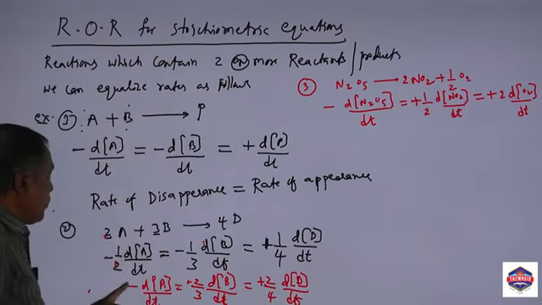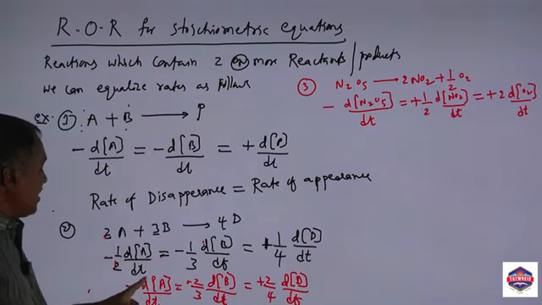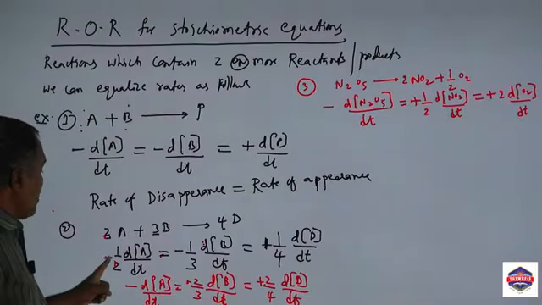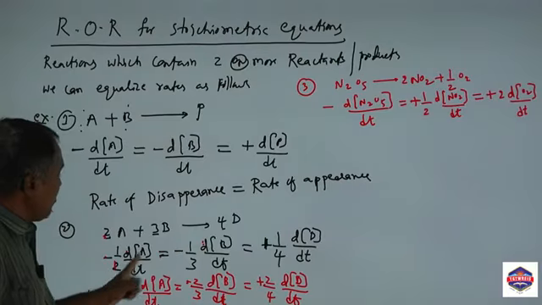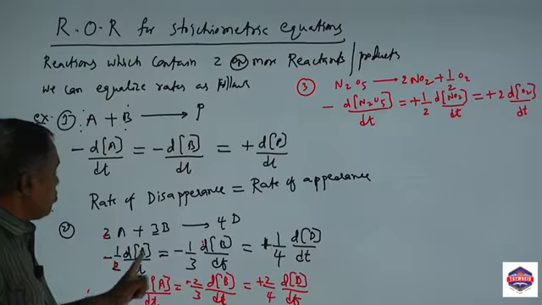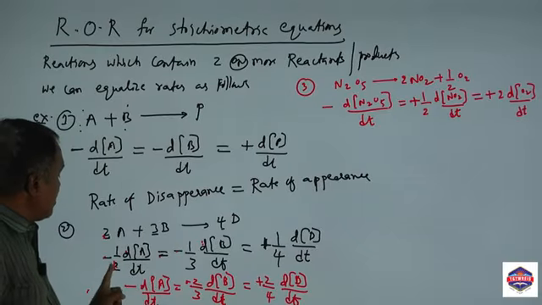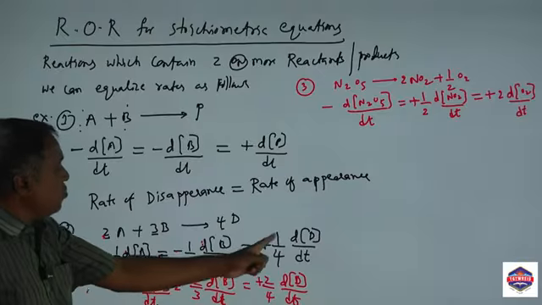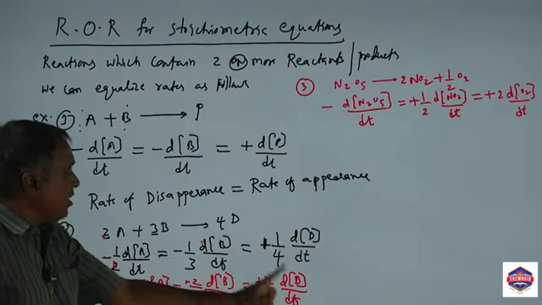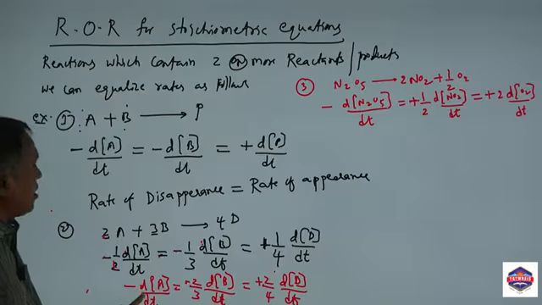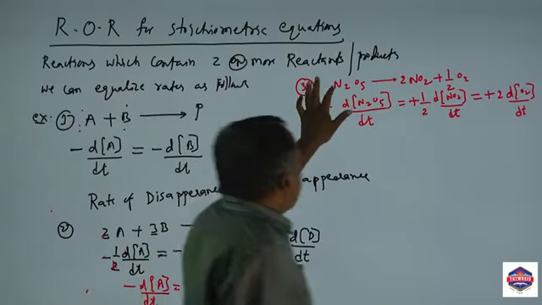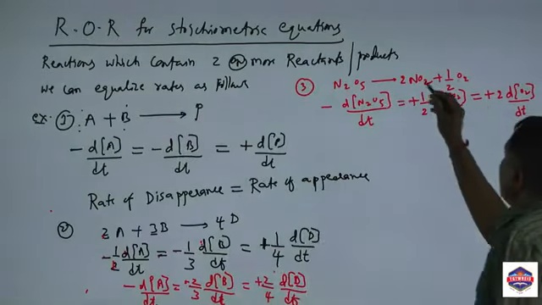So minus dA by dt is the rate of reactant A only. By cross multiplication, it is equal to minus 2 by 3 dB by dt, or if you cross multiply, 2 by 4 dD by dt also, equal to minus dA by dt. For example, N2O5 gives 2NO2 plus half O2.